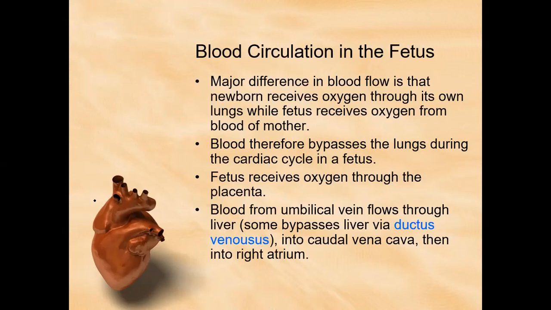Things like their liver doesn't need to work. Their kidneys don't really need to do the same thing that they would normally do. So any organs that don't have to work to survive, we're not really using them. We're just letting them grow up and develop. What that does is it causes a difference in their heart anatomy.